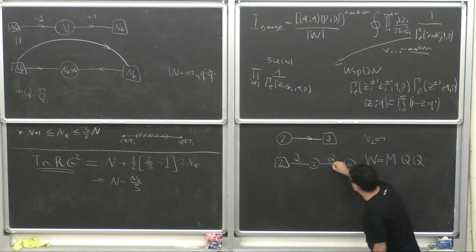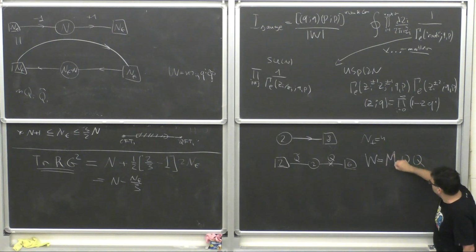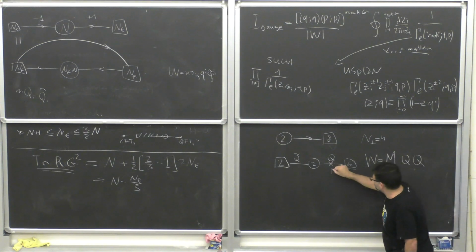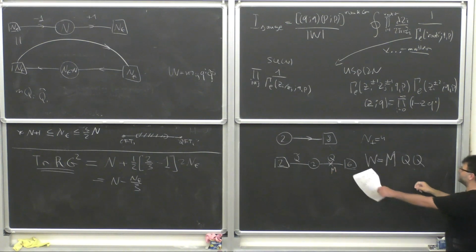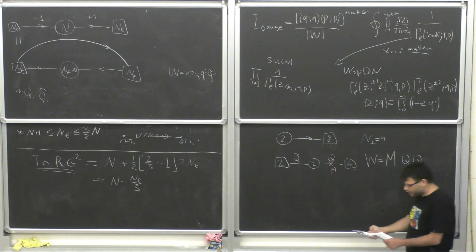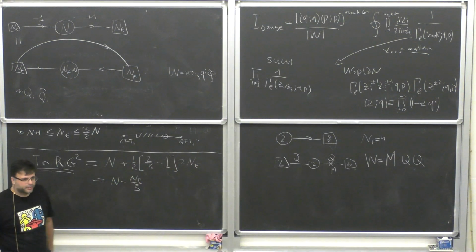So I will denote them by this X that I will draw on this diagram. What this X means, it denotes these fields M, and the fact that they couple to this Q squared through this interaction.